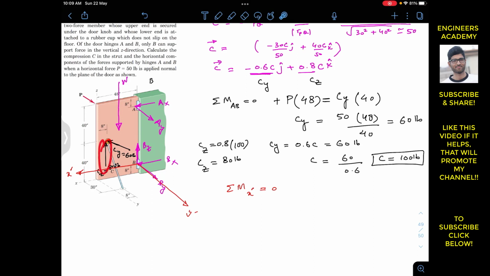Similarly, this cz is passing through that x dash axis, and this weight is passing through the x dash axis, so they are not going to produce a moment about it. So only ay, cy and this p force are producing a moment about the x dash axis, since they are perpendicular to it, acting along the y axis.